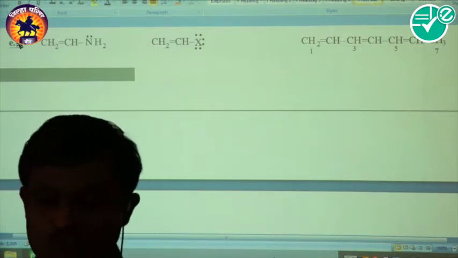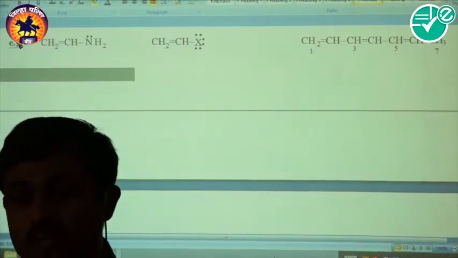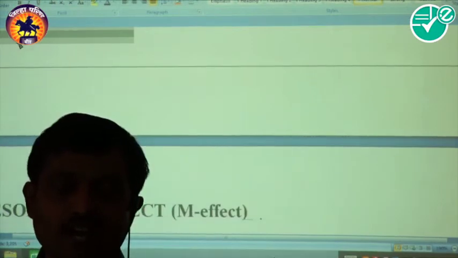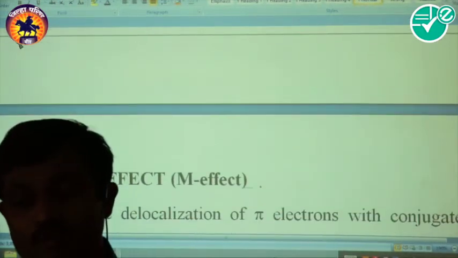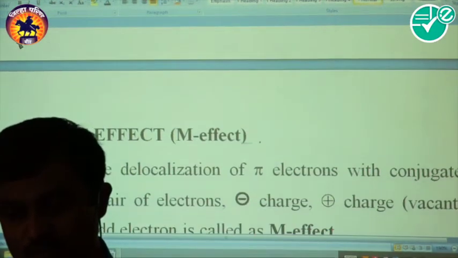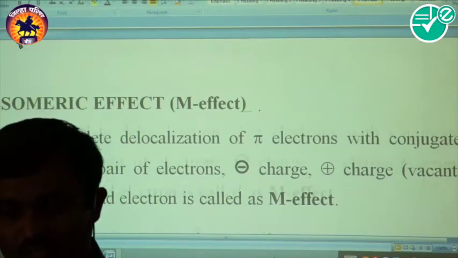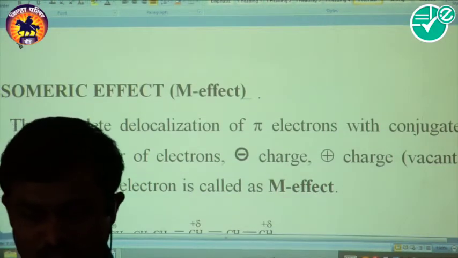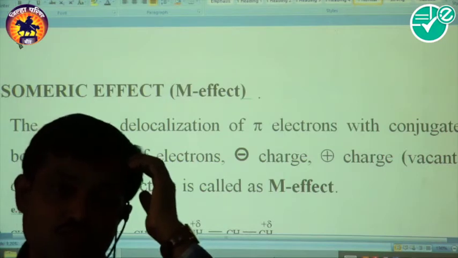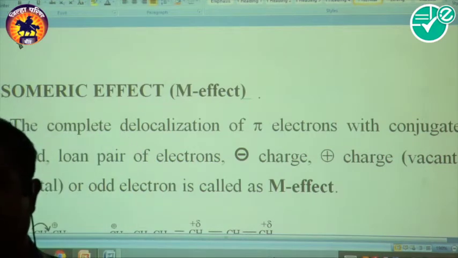In this way, if such a conjugation is there, the resonance structure is observed. Now look at the mesomeric effect. In a resonance structure, the mesomeric effect is observed.